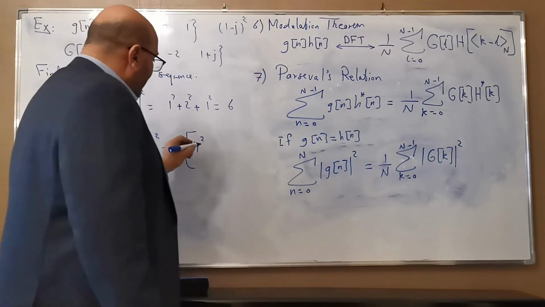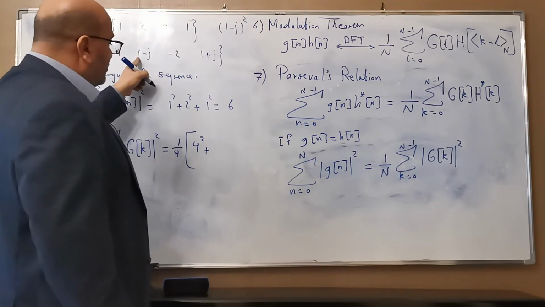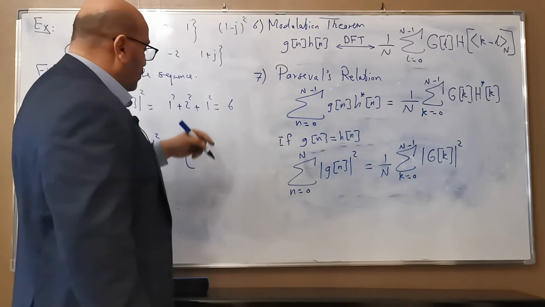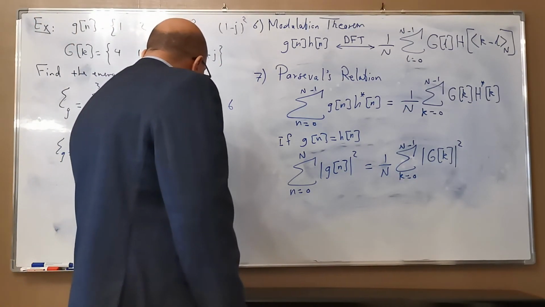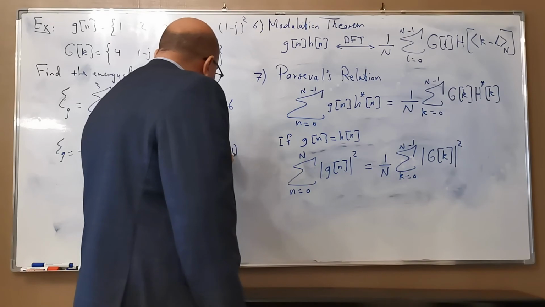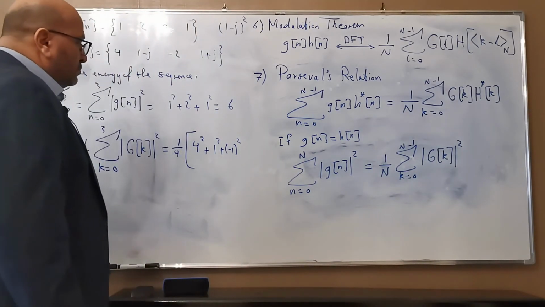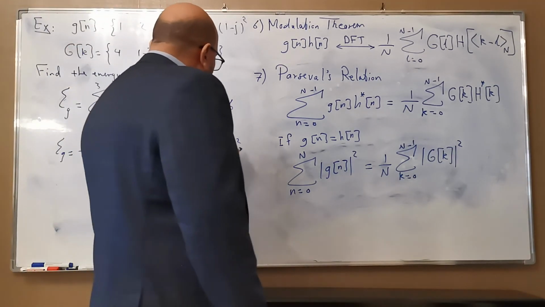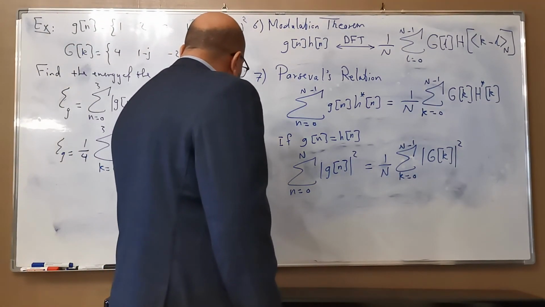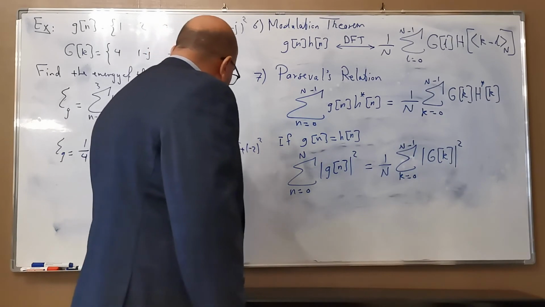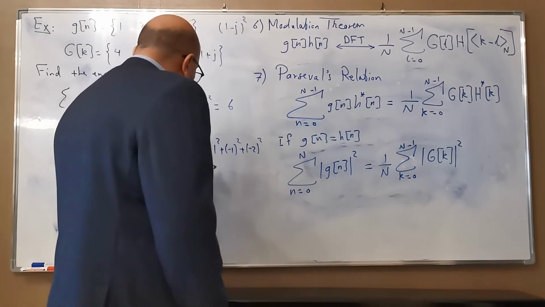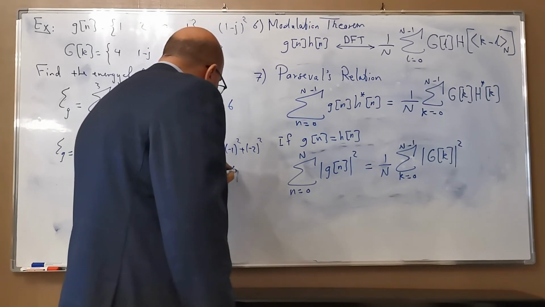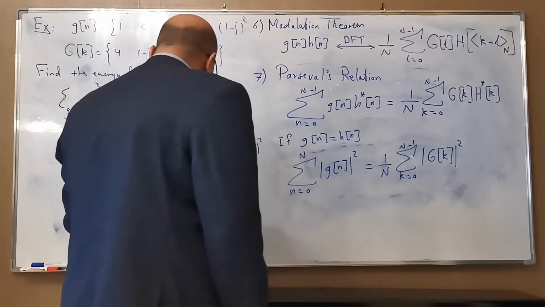The magnitude squared is the real squared plus the imaginary squared, but without using the square root. So this equals 1 squared plus minus 1 squared, the real squared plus the imaginary squared, plus minus 2 squared, and the last one is plus 1 squared plus j, where the magnitude of j is 1 squared, and we close it.